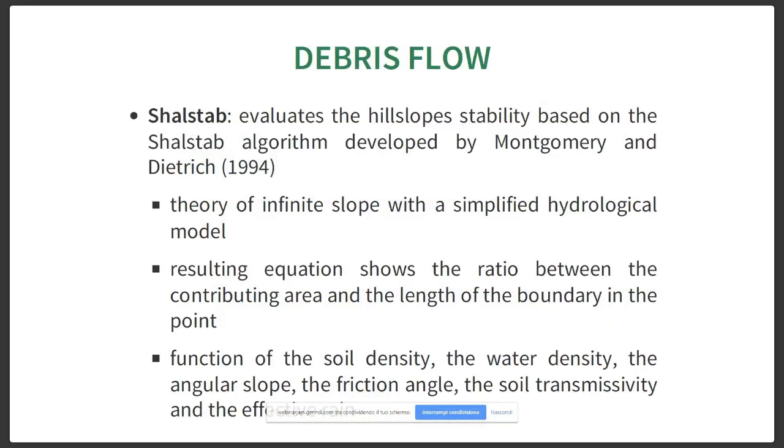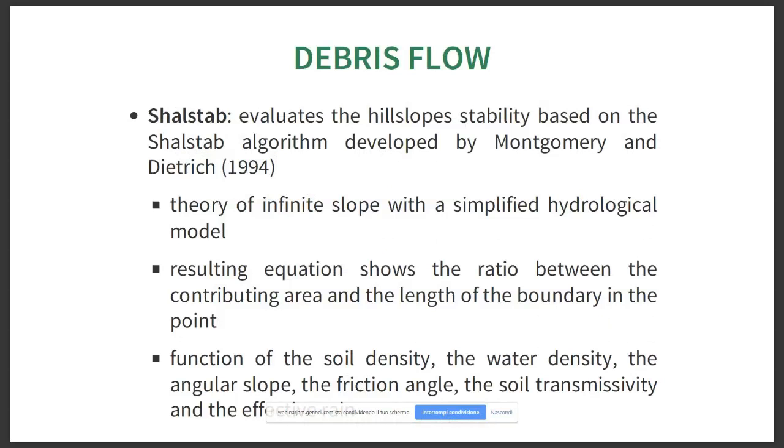It uses the theory of infinite slope with a simplified hydrological model. The resulting equation shows the ratio between the contributing area and the length of the boundary at the point. The stability is a function of the soil density, the water density, the angular slope, the friction angle, the soil transmissivity, and the effective rain.